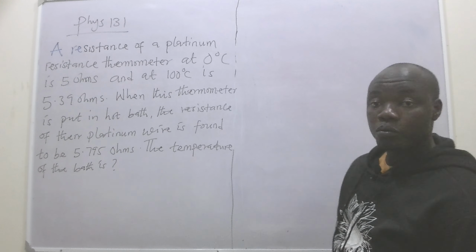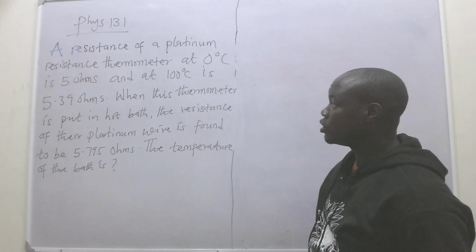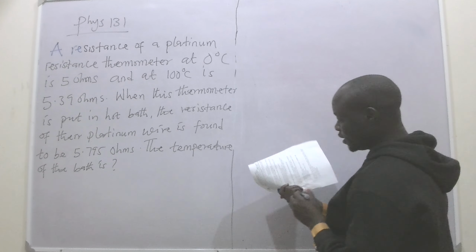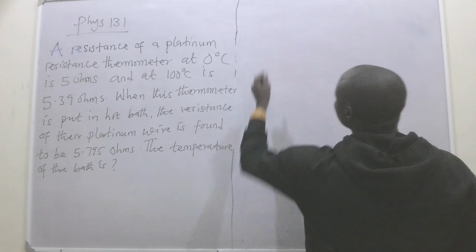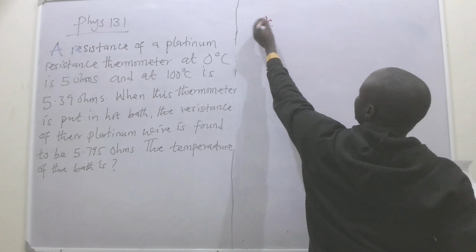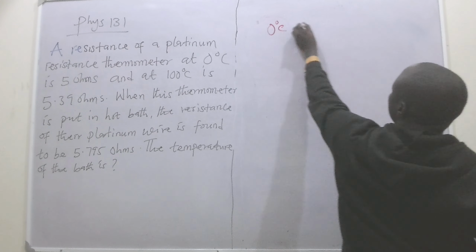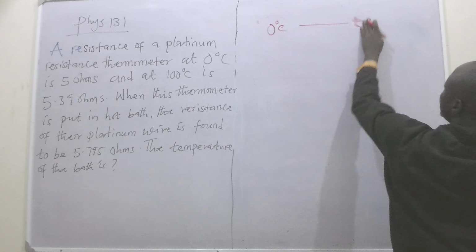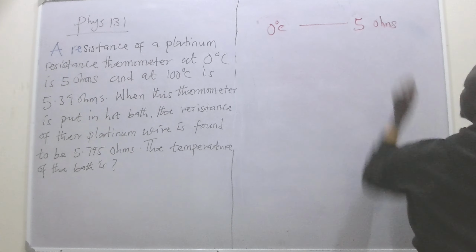Example 2. The resistance of a platinum resistance thermometer at 0 degrees centigrade is 5 ohms. So in this case, you have the resistance at 0 degrees centigrade equivalent to 5 ohms.